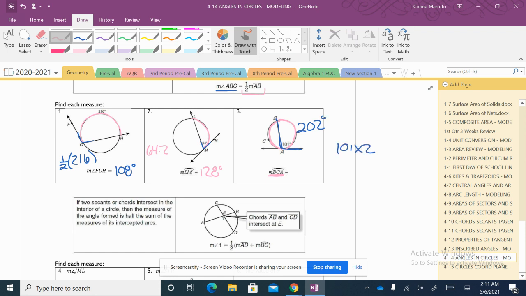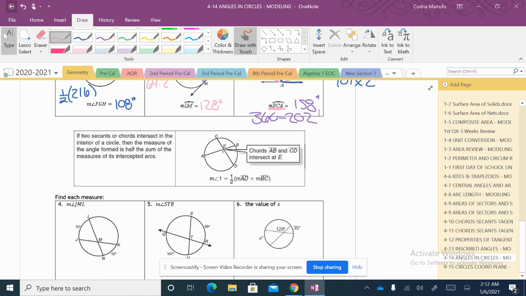And then, since we're looking for the opposite side, I'm going to have to do 360 minus 202. And that is going to give us 158, I believe. Let me just double check with my calculator, because I am not the best with mental math. Yes, we're good, 158.